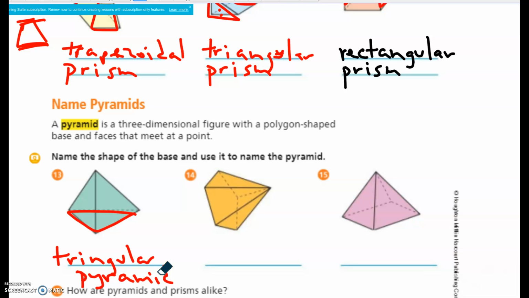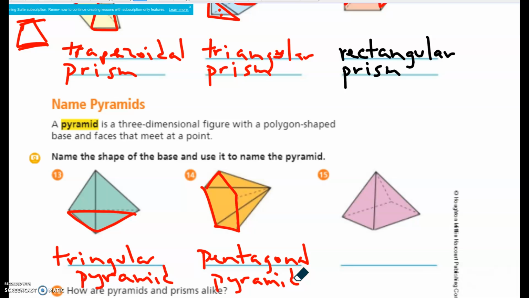All right, take a look at number 14. Here's your base, and off of each of those bases is a triangle, and it comes up to a point. I'd like for you to pause and answer the question. So if you put pentagonal pyramid, you would be right.